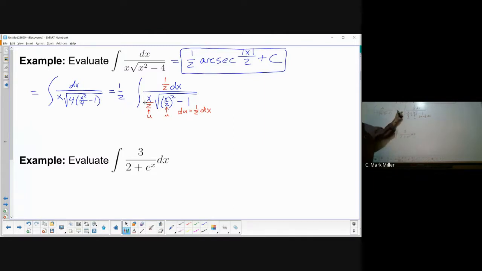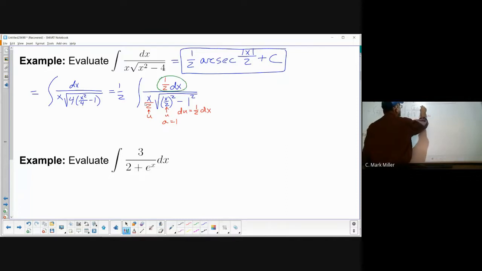I don't have to put anything on the outside to compensate. And here a is 1, because this is really like a 1 squared. And so in that formula, here a is 1. So that top is du. There's u. I got all the stuff labeled.